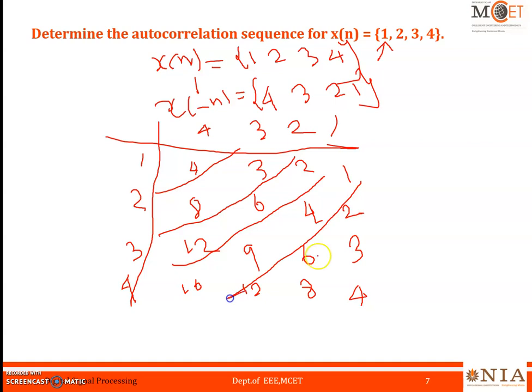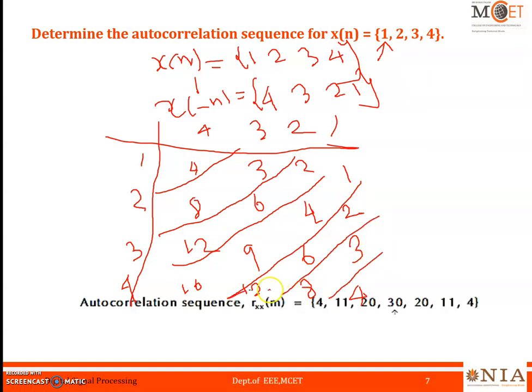Now add the diagonals. So what's the value you will have? You will get the value like this: 4, 11, 20, 16 plus 9, 25, plus 5, 30, again 20, 11, 4. So this is the answer of the autocorrelation of the sequence.